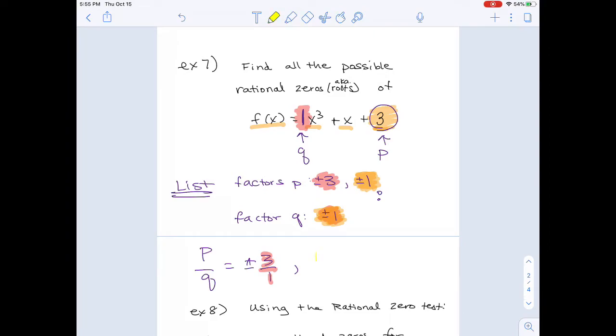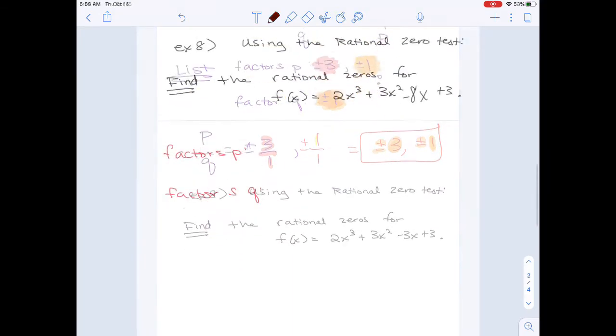So we go 1 over 1, plus or minus. So we simplify that, and we get plus or minus 3 over 1 is just plus or minus 3, and plus or minus 1 over 1 is just plus or minus 1. So my choices for all the rational roots are positive 3, negative 3, positive 1, and negative 1 right here. And that's my list. Now, they may not all be roots, but that's my list of possible roots.